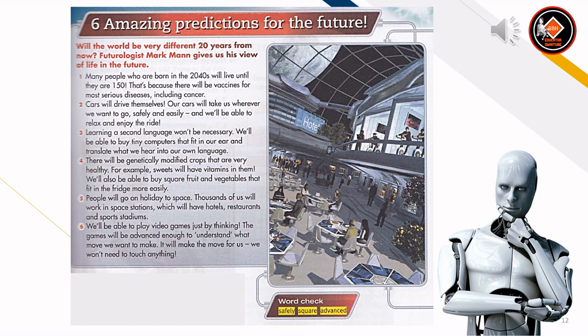Thousands of us will work in space stations, which will have hotels, restaurants, and sports stadiums. 6. We'll be able to play video games just by thinking. The games will be advanced enough to understand what move we want to make. It will make the move for us. We won't need to touch anything.